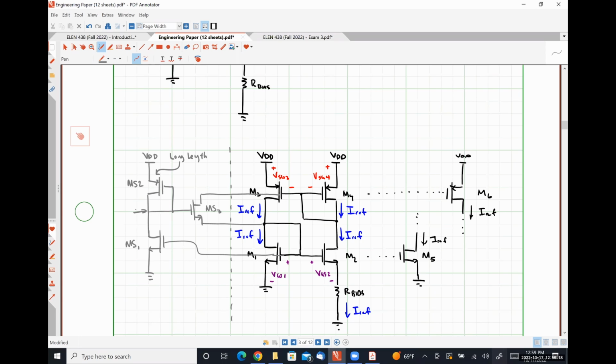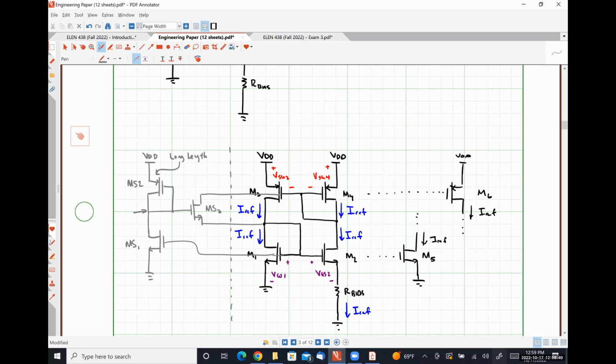MS3 will behave like an NMOS switch. So effectively, the voltage at the gate of the startup transistor 3 will be large-ish, somewhere close to VDD, but the voltage at the source of transistor MS3 is tied to ground, which means MS3 gets turned on and is able to conduct current.